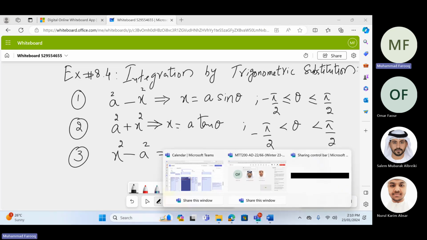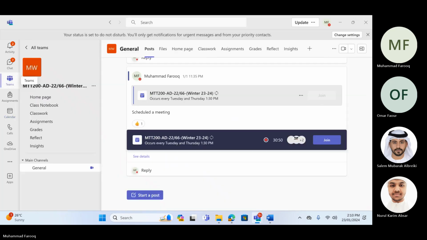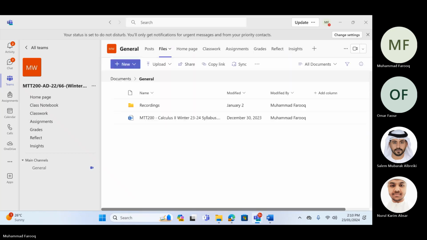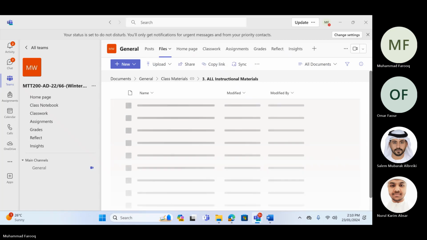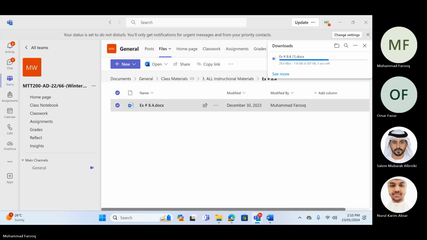Let me open the resource, 8.4. In the exam, we tell you to use trigonometric substitution, because sometimes a question can be answered by another technique.